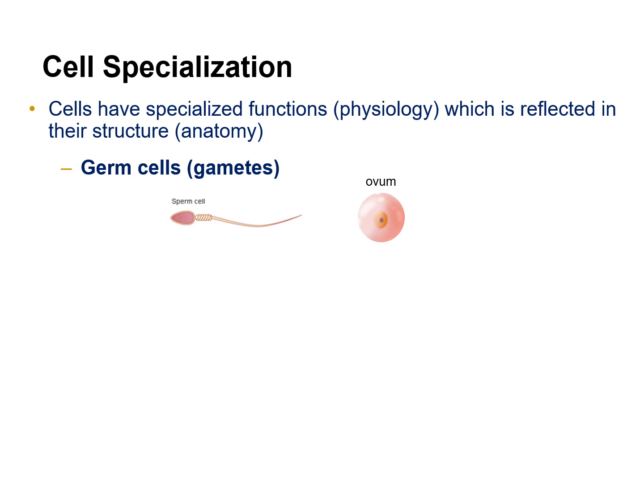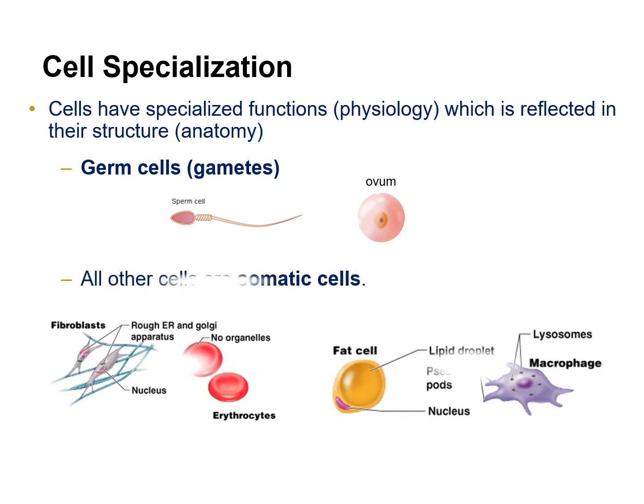Somatic cells are all the other cells of the body. Fibroblasts of the tendons, red blood cells of the blood, fat cells of adipose tissue, macrophages of the white blood cells, to name a few. Alterations in the DNA of somatic cells, as is the case with cancers, are not heritable and will not be passed on from parents to offspring.